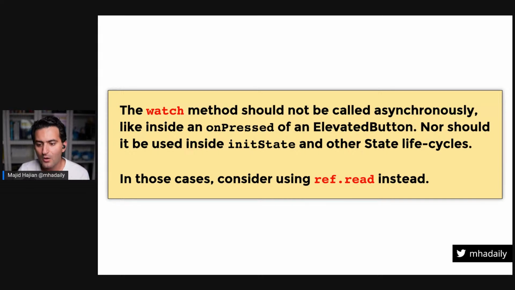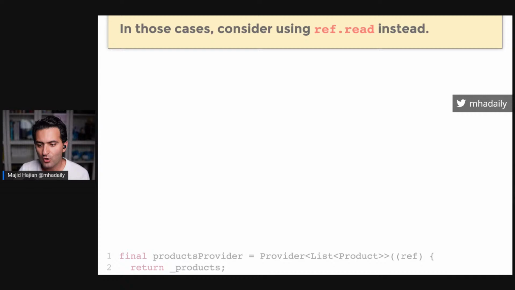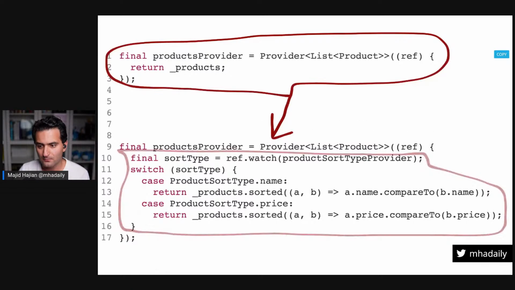Also, there are other scenarios where watch should not be called, that I mentioned right here. But the most common one is when you have an interaction on a button, like, for example, a callback on an onPressed, or in initial state. That's where you're going to use read instead. But let's take a look at that right now.